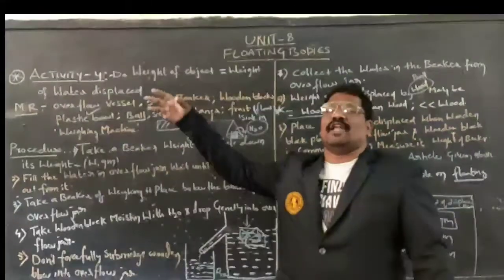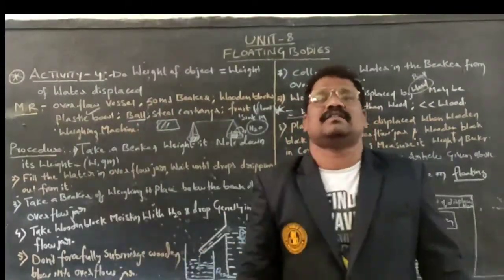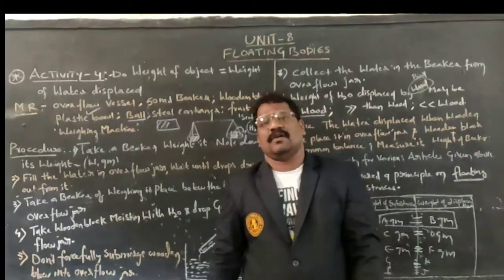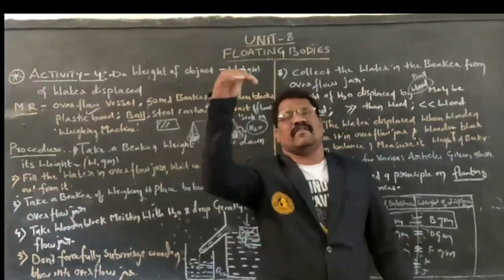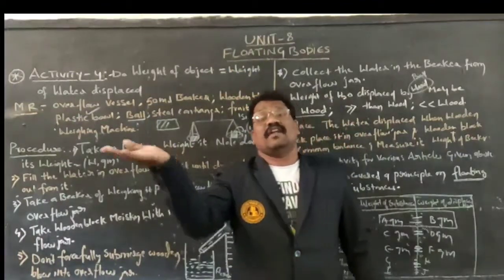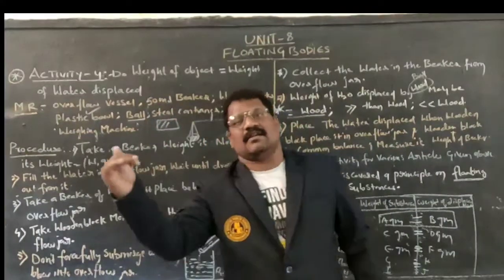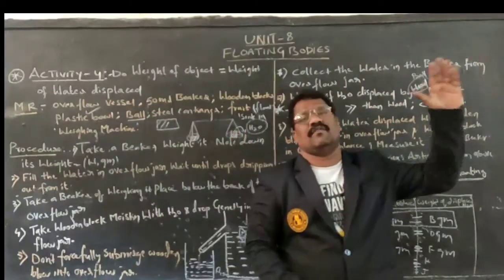Whether a body floats on the surface of water depends mainly upon what? The density of the liquid and the density of substances, as we have seen. If the density of a substance is greater than the density of water, it will sink into the water. If the density of a substance is lesser than the density of water, it will float on the surface of the water.